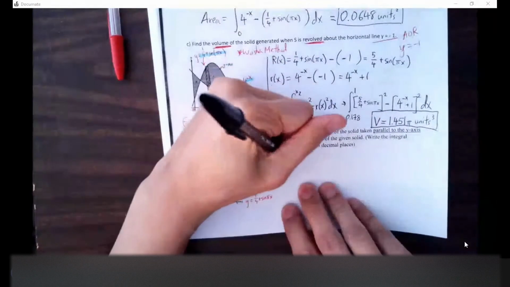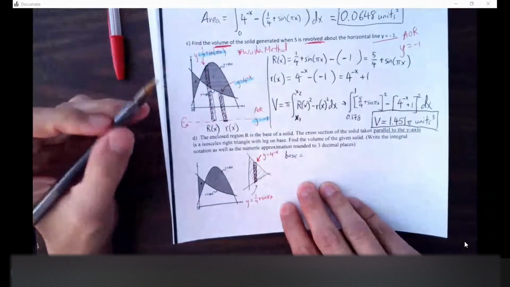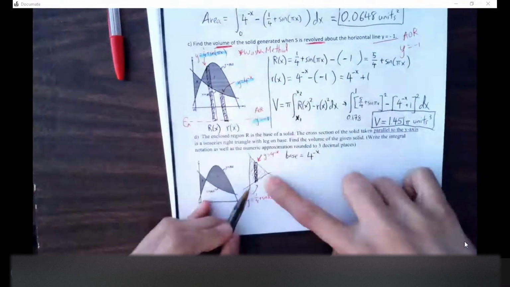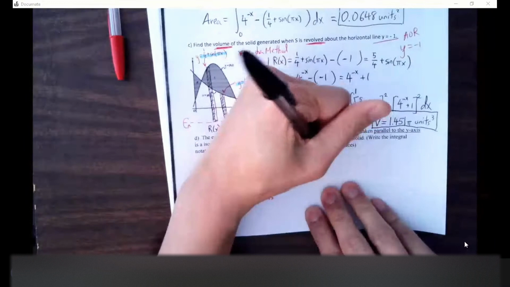Okay, so here's my base length. Top minus bottom. Top is sitting on the 4 to the negative x, and the bottom of the base length is sitting at the 1/4.